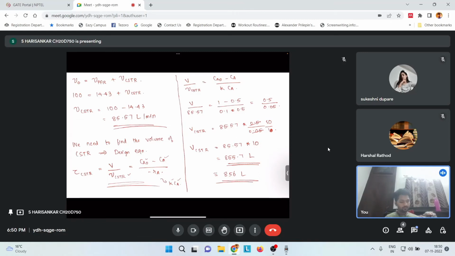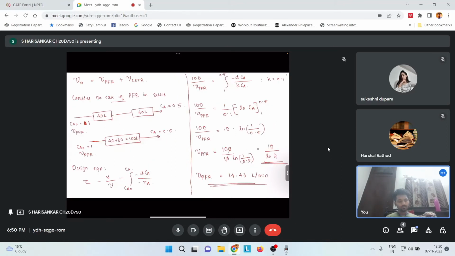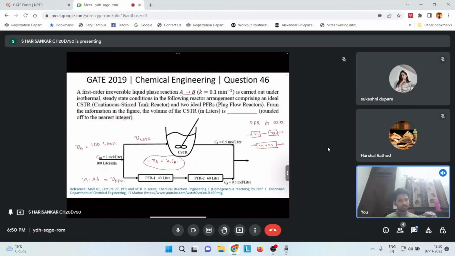The correct answer may vary between 850 to 860 liters. So the volume of the CSTR in this question, rounded off to the next integer, will be 856 liters.